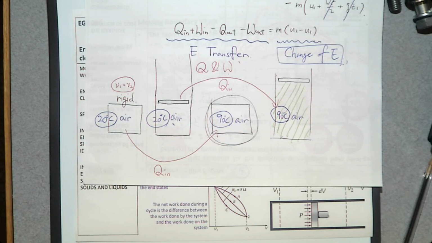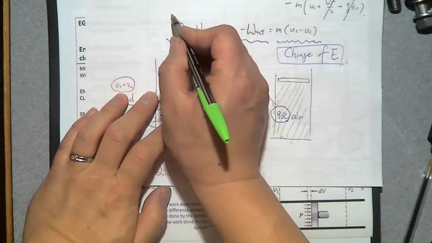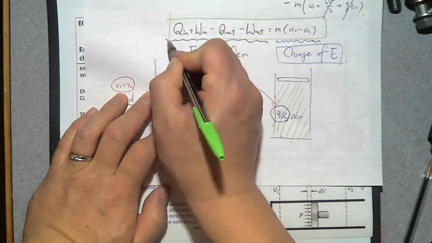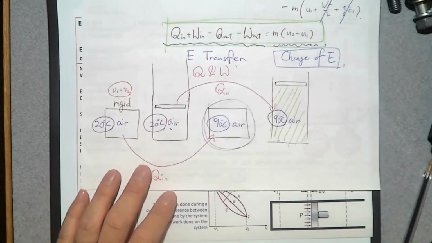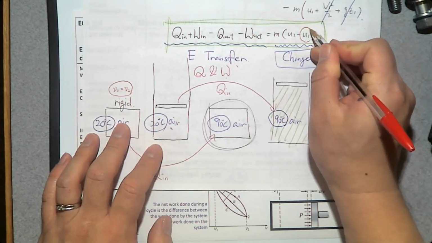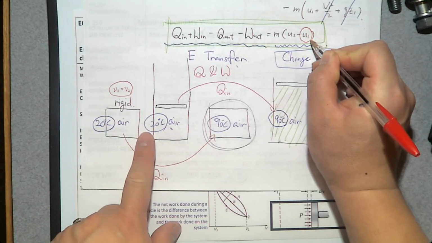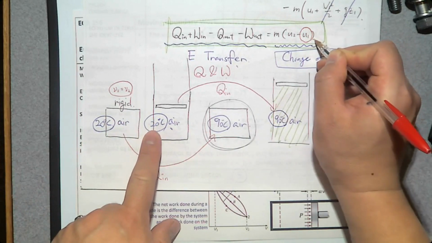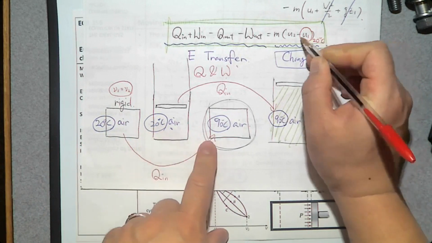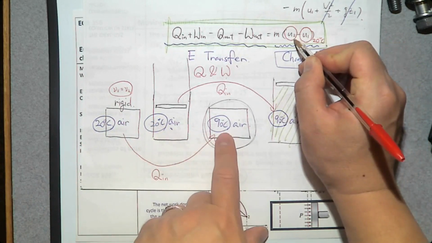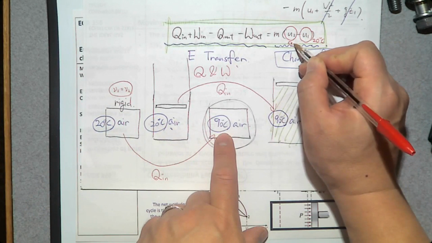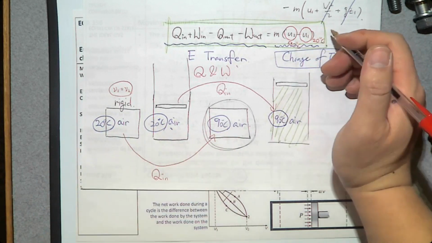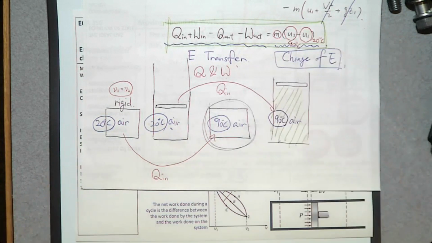But if you look at this energy balance equation on top, this U1 represents the internal energy for 20 degrees Celsius, and this U2 represents the internal energy for 90 degrees Celsius, and it is a closed system, so mass is the same. So by using this equation, how can you distinguish the difference in the total energy between here and there?